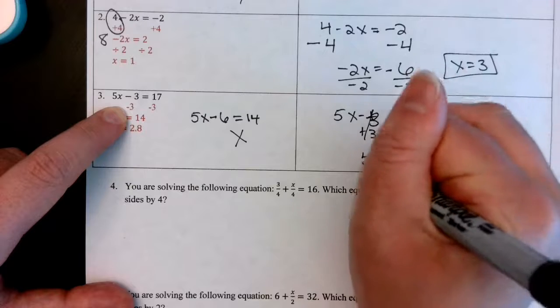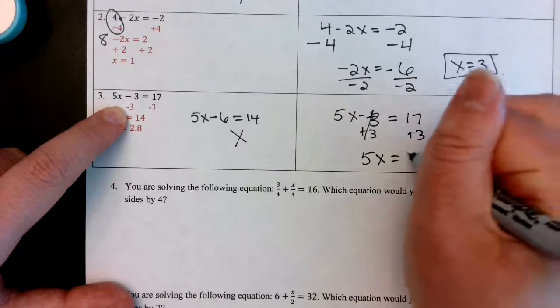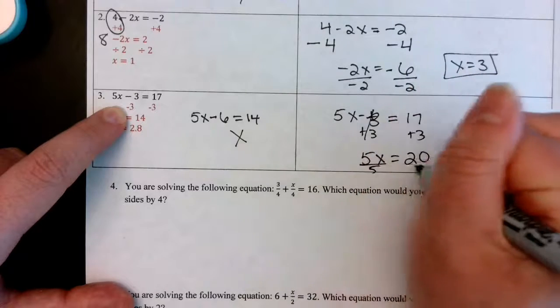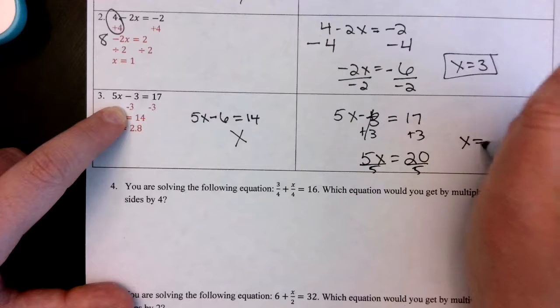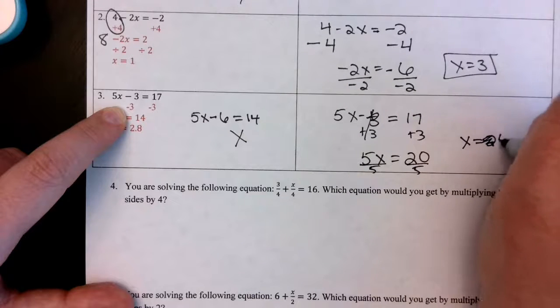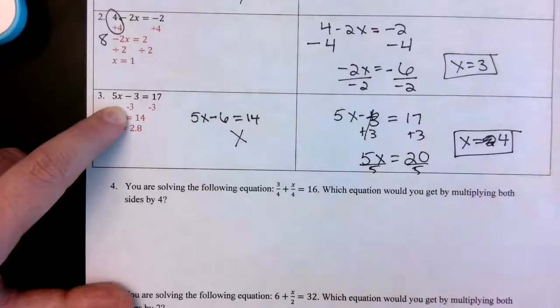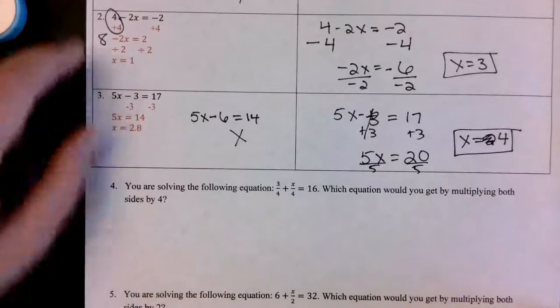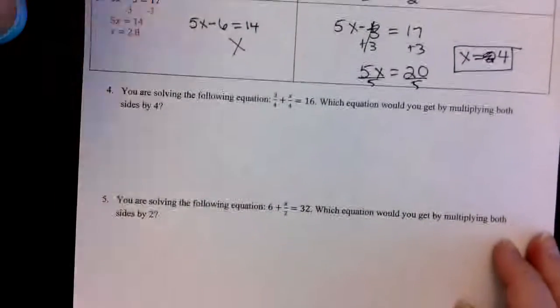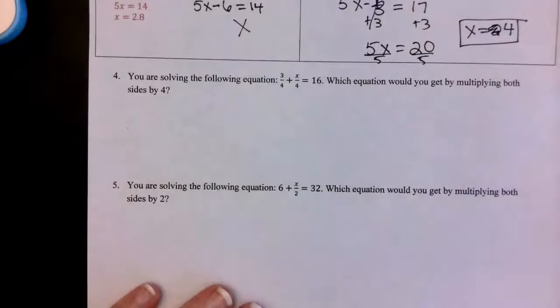Negative 3 plus 3 is 0. Divide both sides by 5. X equals 4. Okay, so the first section is just catching mistakes that other people make that are very common amongst students.